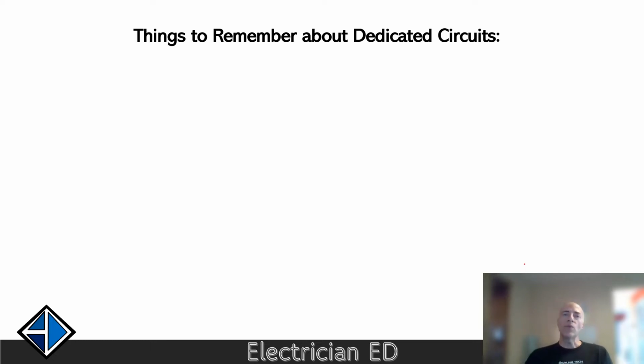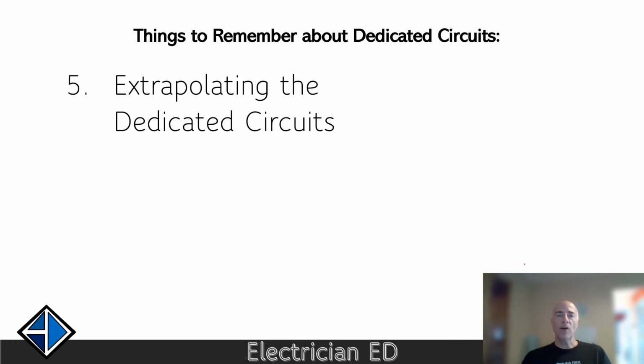We can use the rules laid out in the NEC to discover many other appliances that deserve to have their own dedicated circuit, beyond the ones that we just listed. I call this extrapolating the dedicated circuits using the rules.